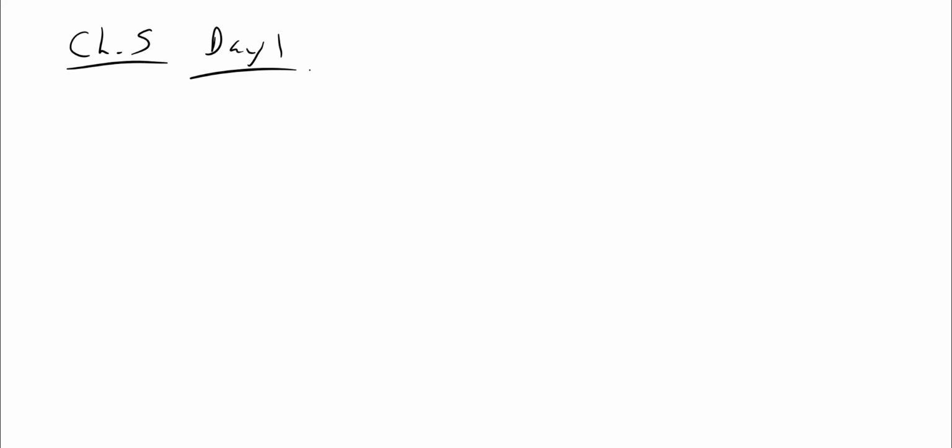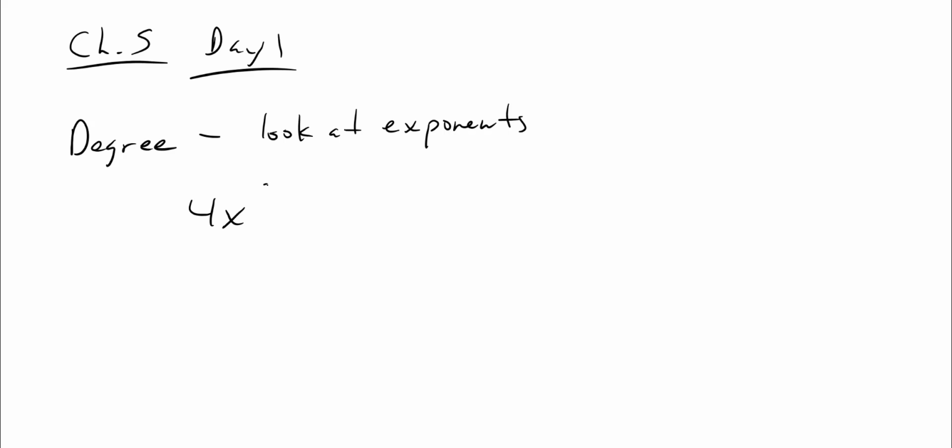The first thing I want to talk about is degree. Degree is basically what you're going to do: look at the exponents. Let's start out with a really basic one. If I have 4x to the 5th, 5 is my degree.